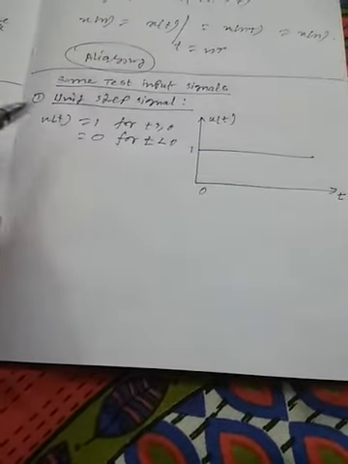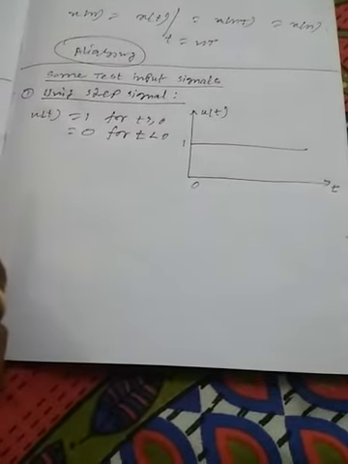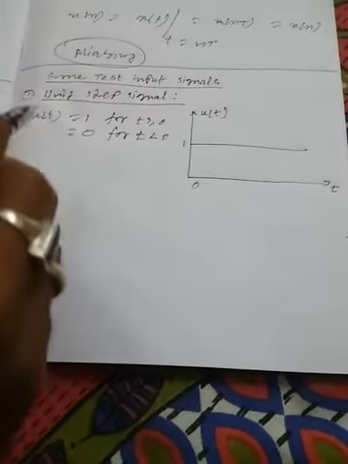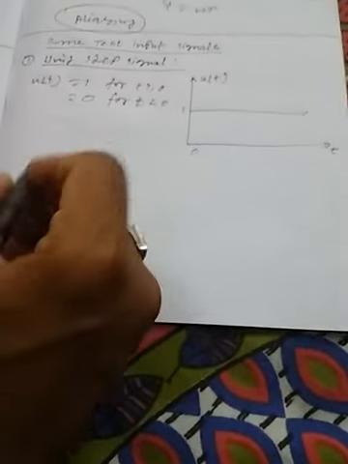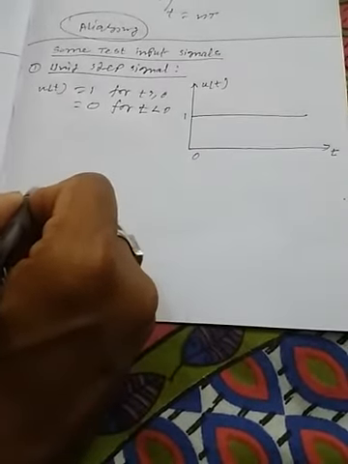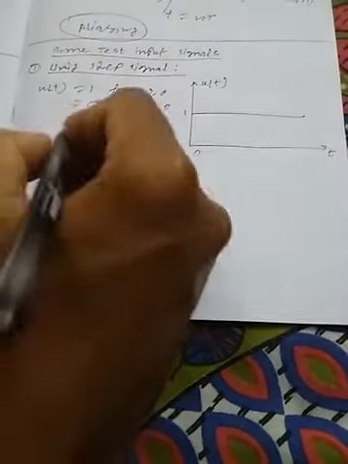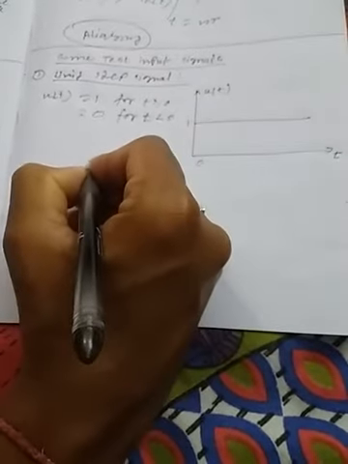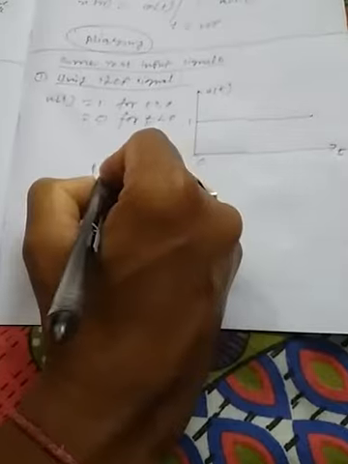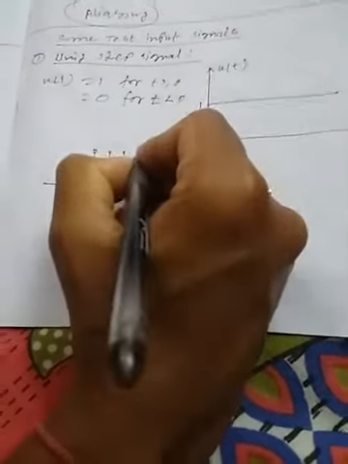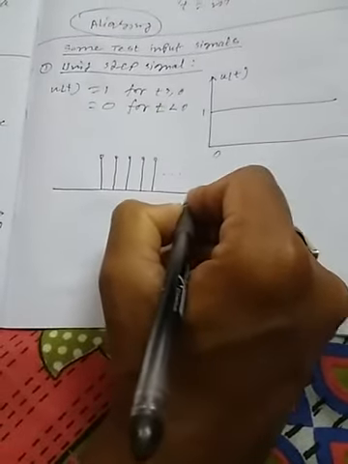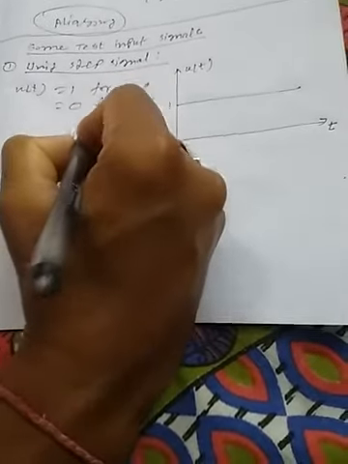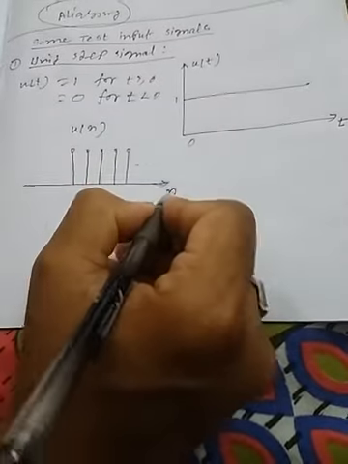This unit step signal is defined in the continuous time domain. Again, it can be defined in the discrete time domain. In the discrete time domain it looks like this. All amplitudes are unity. Along the x-axis there is n, and here will be u(n).